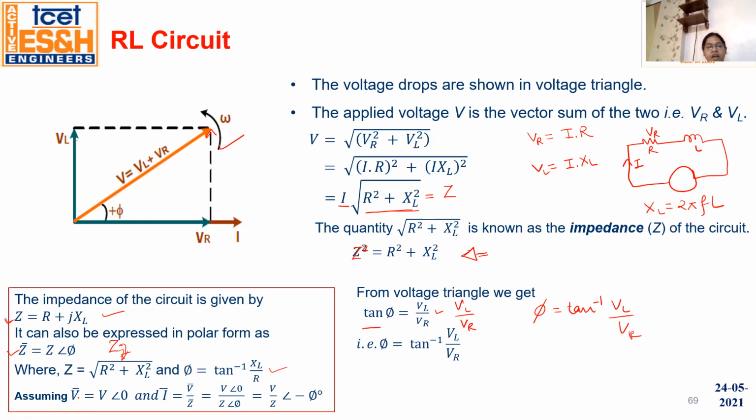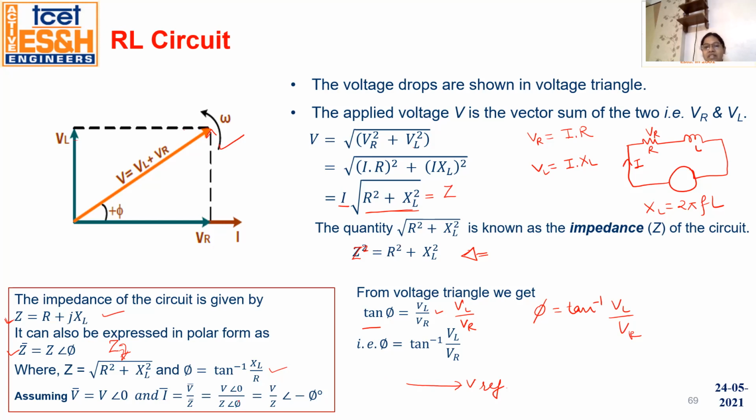So here generally we take voltage as a reference quantity. With respect to voltage, we draw the phasor diagram of all the quantities. So here I is equal to V by Z. If Z is having any angle, see here we take V as a reference, so V is at the 0 angle.